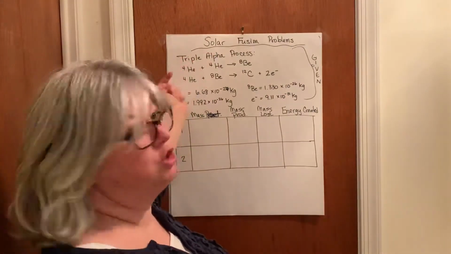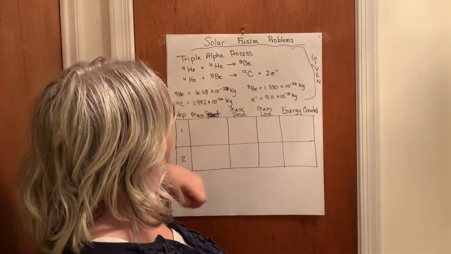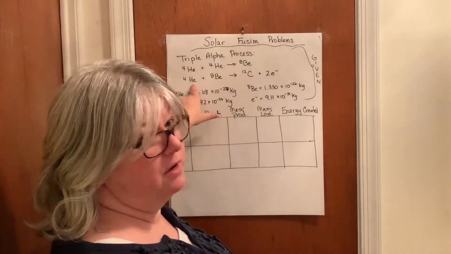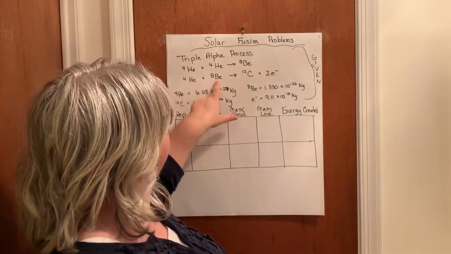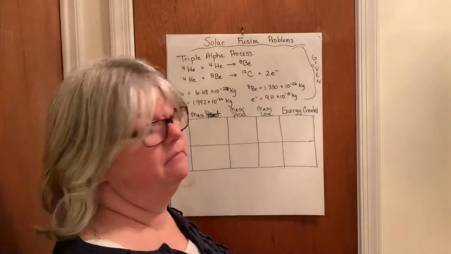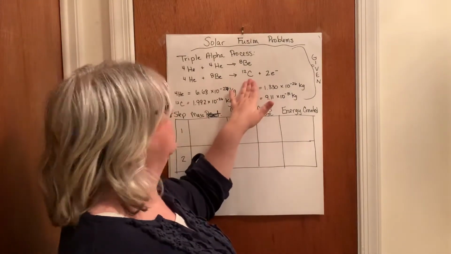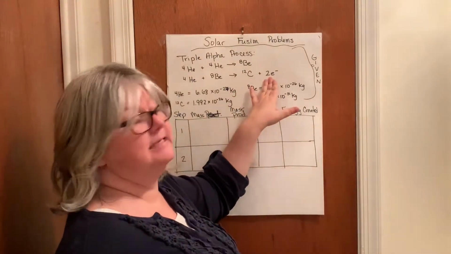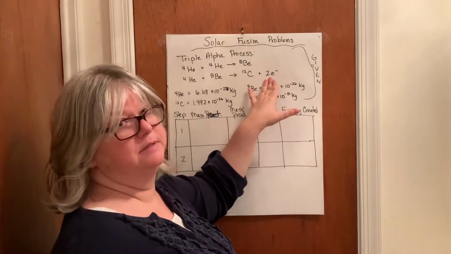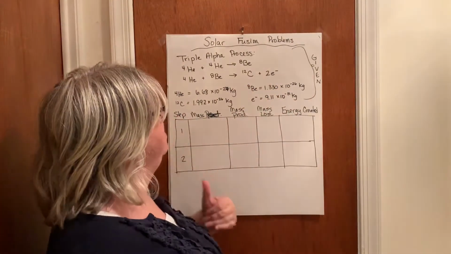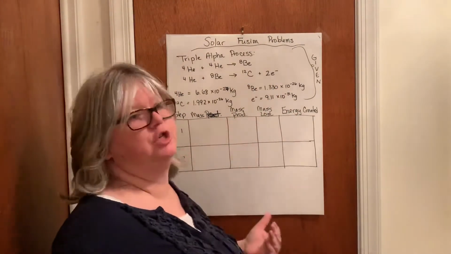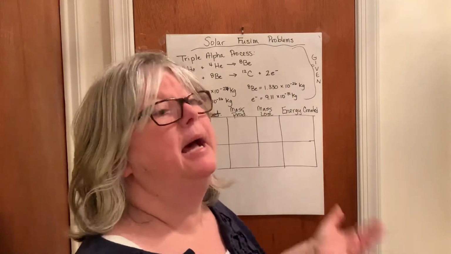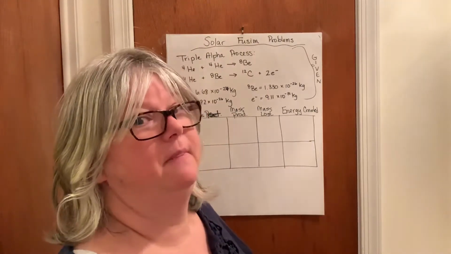That's why this is called triple alpha, because there's 3 of them. So a third alpha particle reacts with that beryllium to produce carbon-12 and 2 electrons. So we want to determine how much energy is created by this reaction.